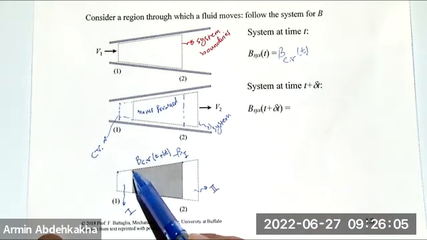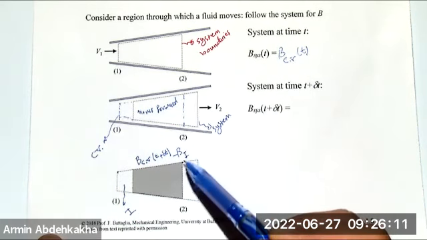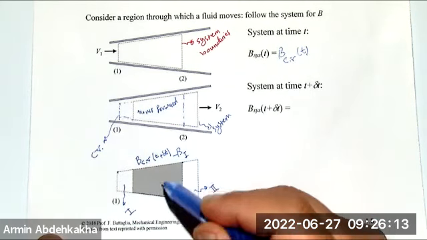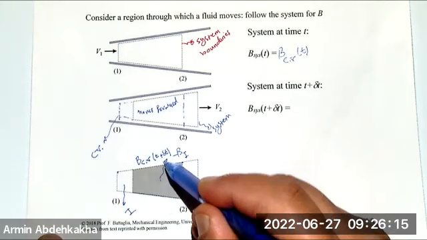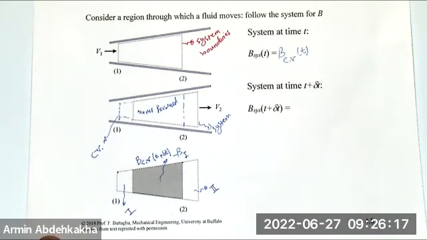Why? It's like the area of the gray one, right? So the control volume at time t plus delta t minus B1 is going to be the area of the gray in the figure, okay?